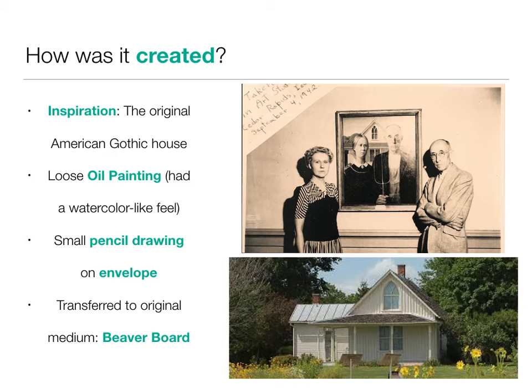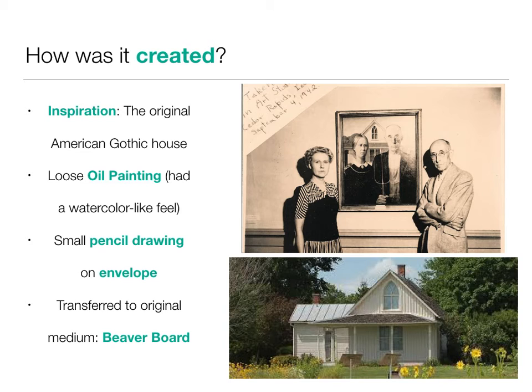So this painting was created, number one, by inspiration for Grant Wood. He was called by a mentor in his life to go to Iowa, and he saw the house that's actually at the bottom of this page, and he was instantly inspired. He saw the way that it was structured and how it had this Gothic character to it, and so he wanted to do a painting on it.